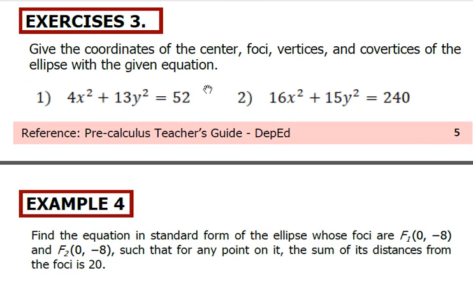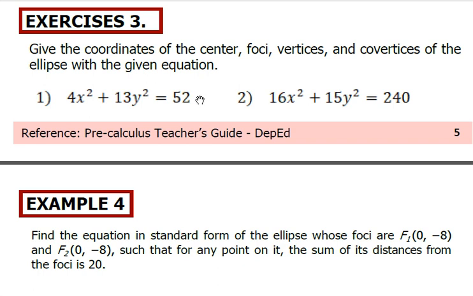We have to give the coordinates of the given ellipse with regards to its center, foci, vertices, and co-vertices. Let's start with number 1. We have 4x squared plus 13y squared equals 52. Now, we have to convert this equation into the standard form of an equation of an ellipse with the right-hand side being equal to 1.